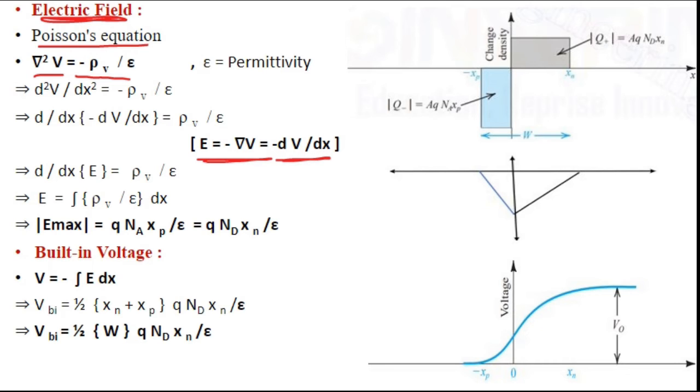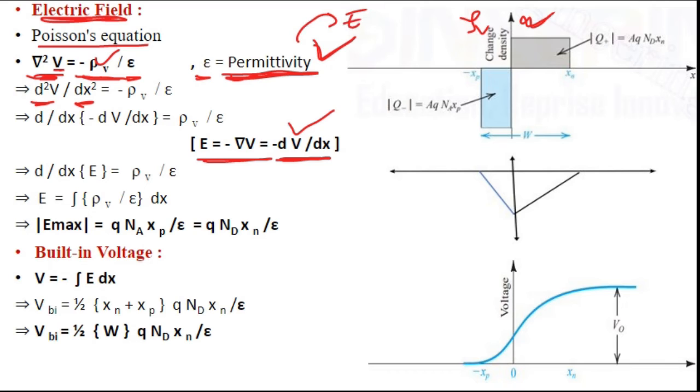Electric field is represented as minus of the first order differentiation of the potential V. And this Poisson's equation represents the relation between potential and charge density, which is related with the help of del square V, the second order differentiation of the voltage, equal to minus charge density divided by epsilon. Now what is epsilon? Epsilon is the permittivity. Permittivity is the ability of a substance to store electric charge in an electric field.